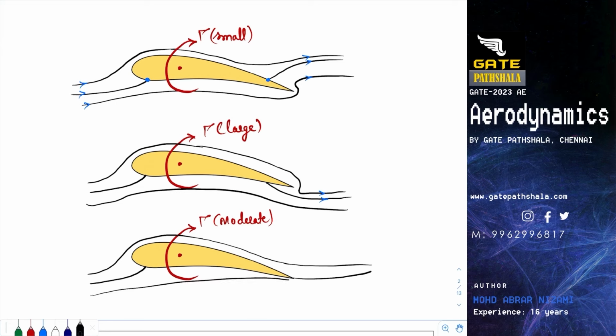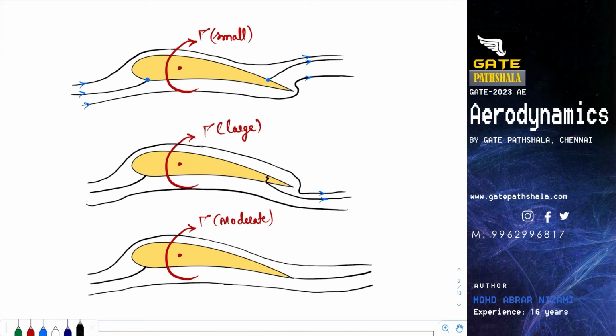So by doing so, by applying such a condition, we will avoid the swirling of the flow at the trailing edge. Okay, what it does is it will remove the infinite velocity existence near the sharp trailing edges here. Okay, so you don't have to worry about the trailing edge.